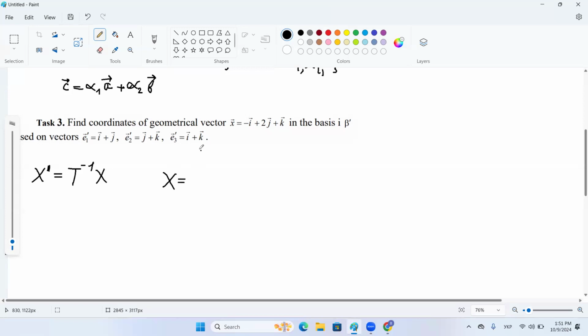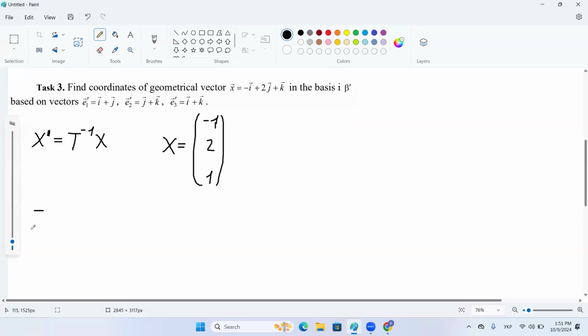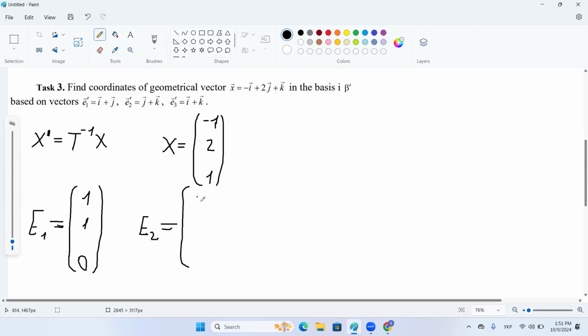So now let's rewrite all our vectors. Vector x that we must transfer: -1, 2, 1. Then e1: 1, 1, 0. E2: 0, 1, 1.